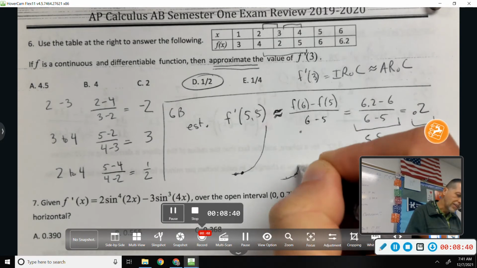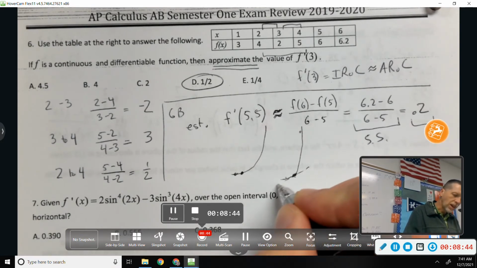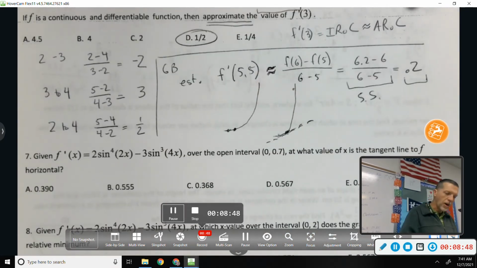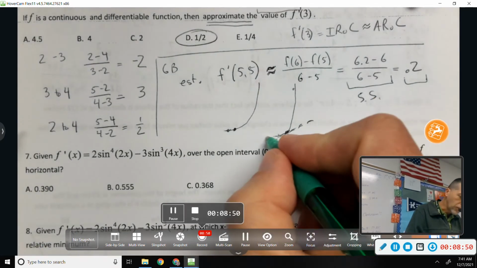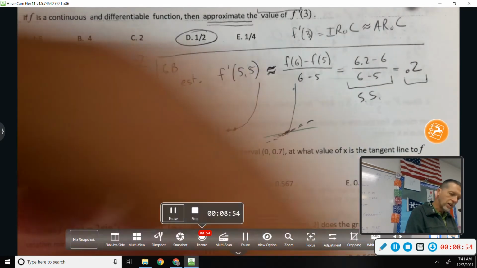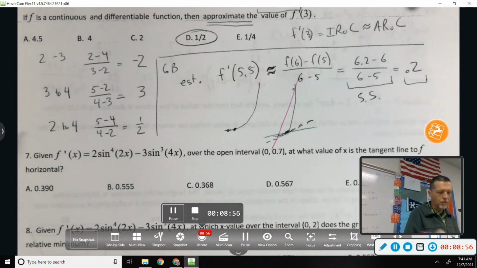Let's say it does this. Well, the actual slope at 3 would be best approximated by the slope from 2 to 3, right? The slope from 2 to 4 would be way different. But that depends on the picture, so you don't really know.